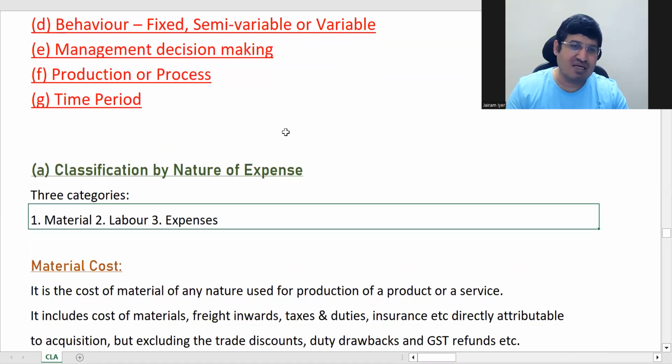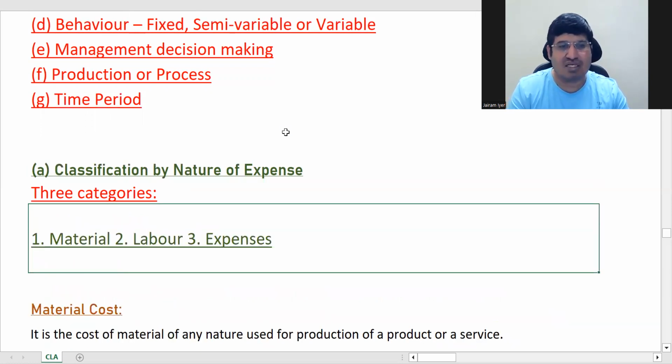One main classification is material, labor and expenses. These are the main classifications based on nature. All other expenses come within expenses, maybe your factory expenses, your office expenses.